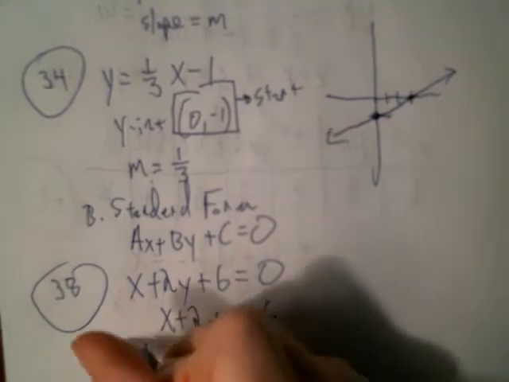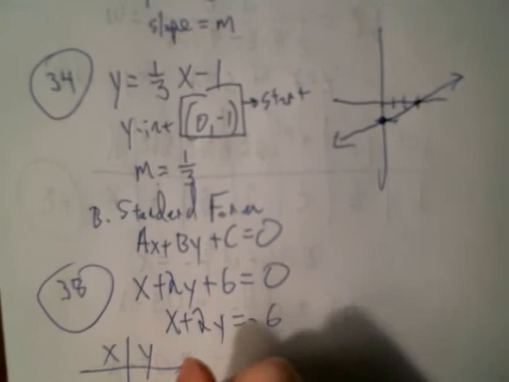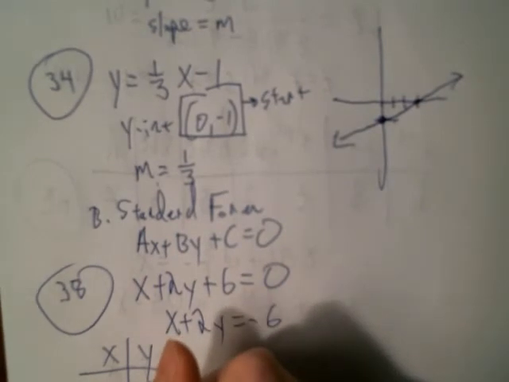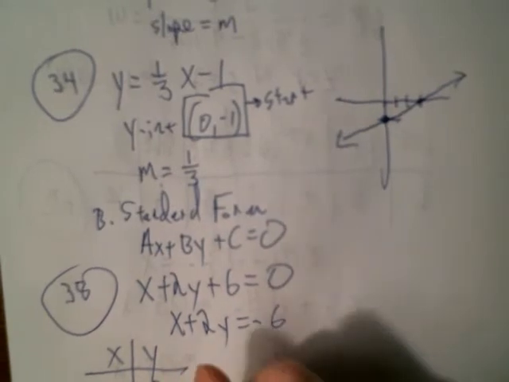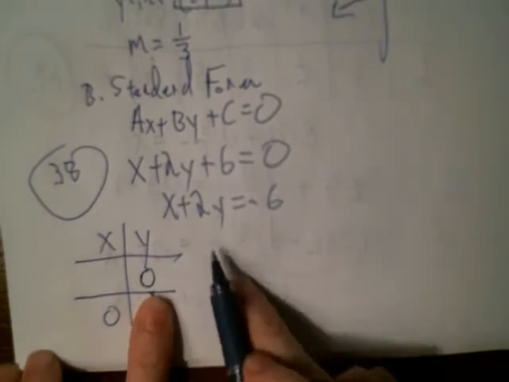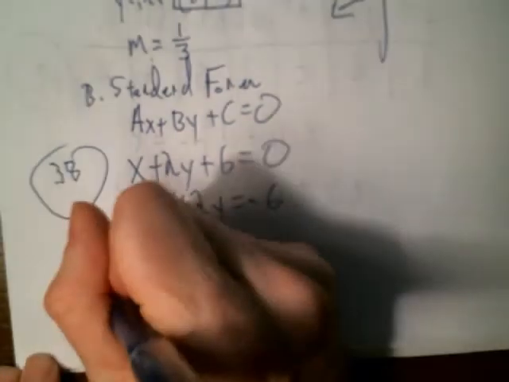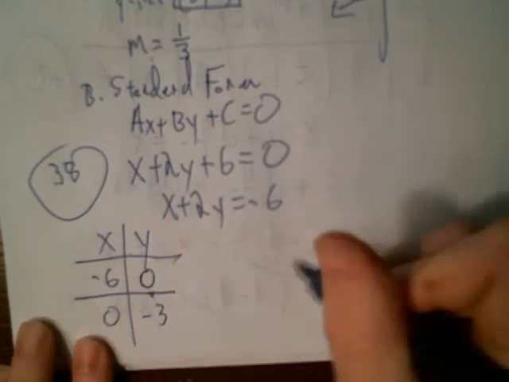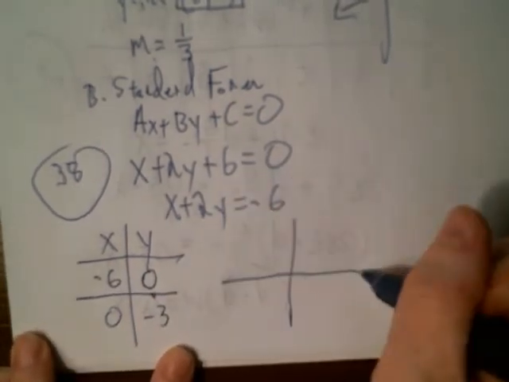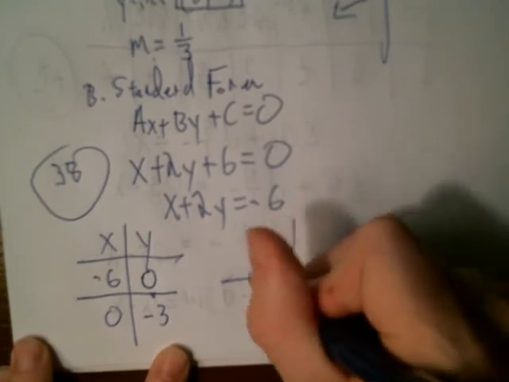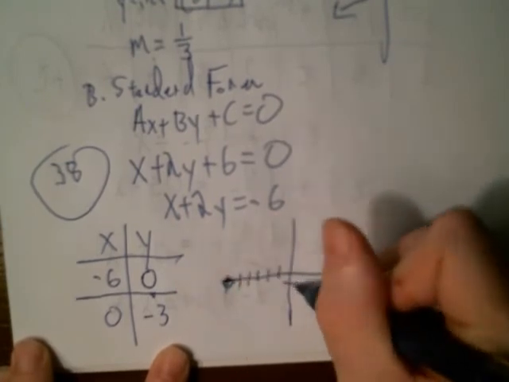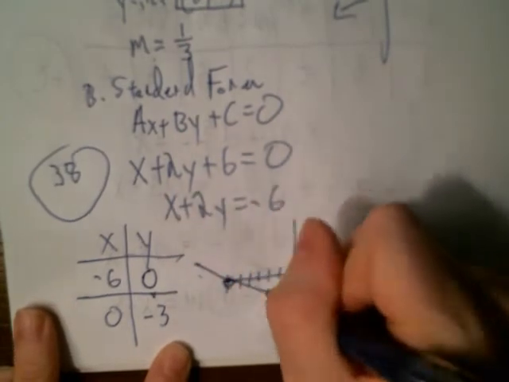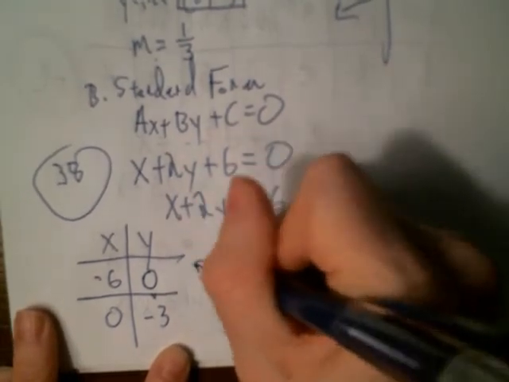Then I find my x and y intercepts. For the x-intercept, you let y equal 0. For the y-intercept, you let x equal 0. You just make a table, and you can do these in your head. So when y is 0, x is -6. When x is 0, y is -3. Then we just go over and connect the dots. 1, 2, 3, 4, 5, 6. 0, 1, 2, 3. And there's our line.